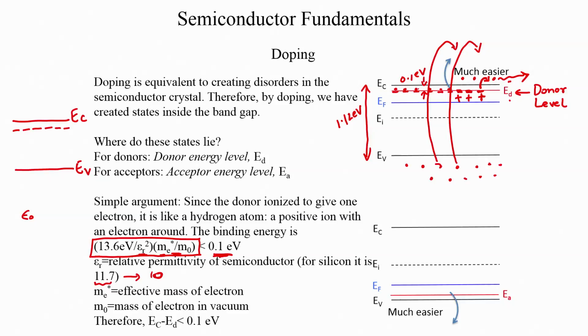Here I have a gap which is 10% of the original energy gap, which is 0.1 electron volts because of these donors, and therefore it is much easier to ionize these donors. This can happen at a much lower temperature. We can ionize these donors and promote all these electrons into the conduction band, and therefore the addition of a donor like dopant can significantly improve the electron population.